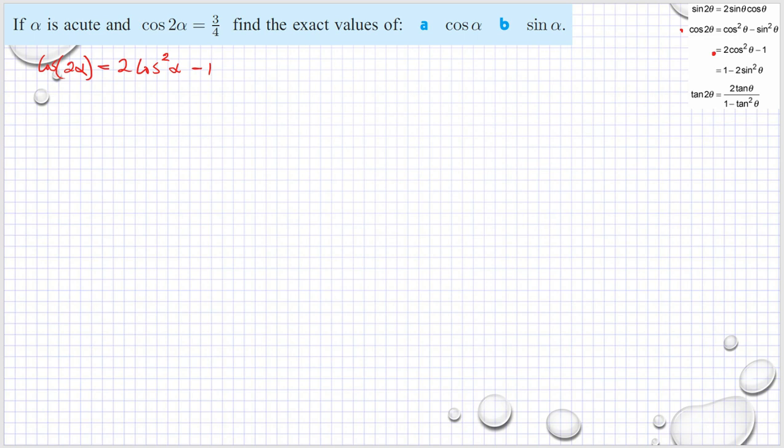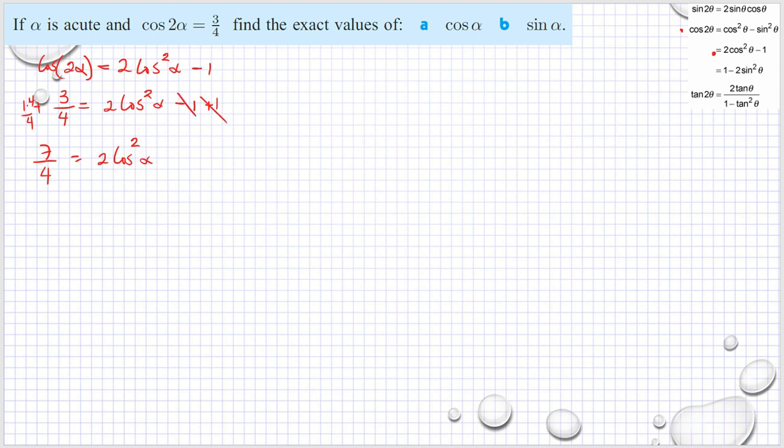And cosine 2 alpha is 3/4, so 3/4 equals 2 cosine squared alpha minus 1. If we add 1 to both sides of the equation, then we have 7/4 is equal to 2 cosine squared alpha.